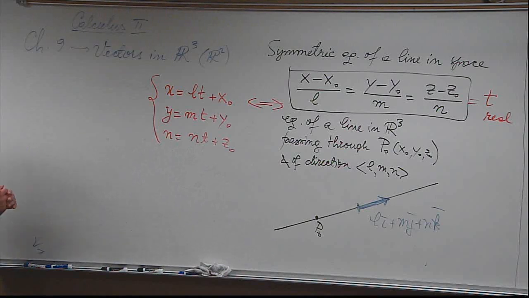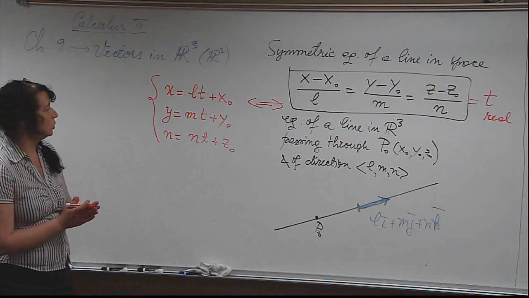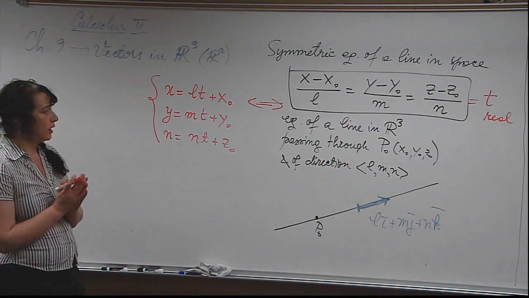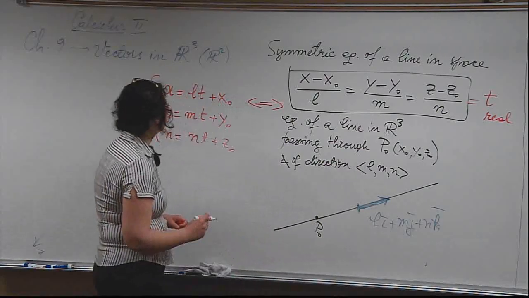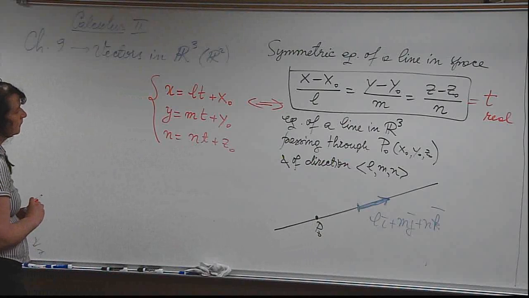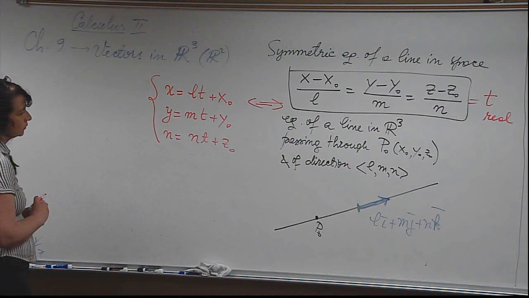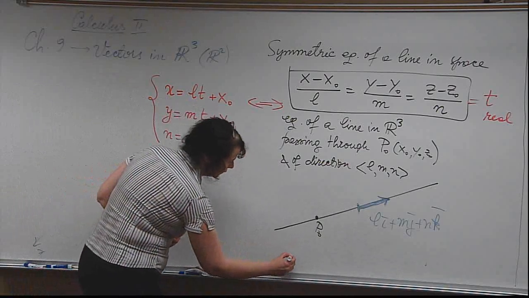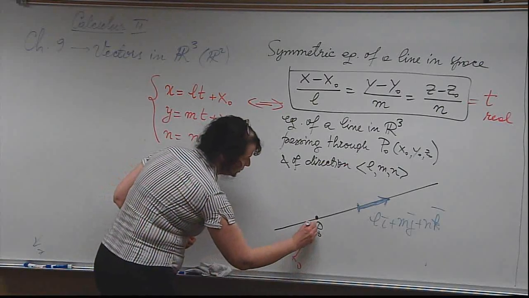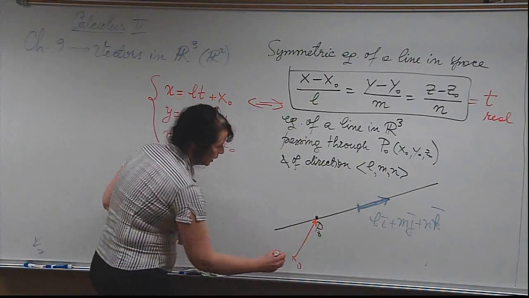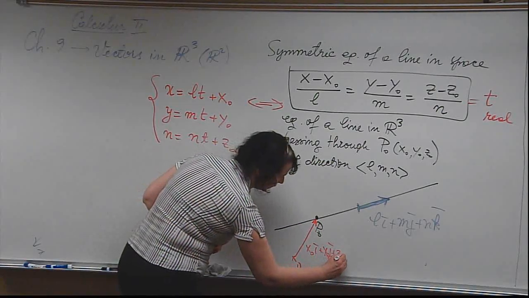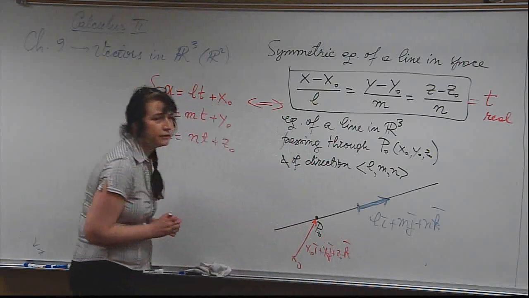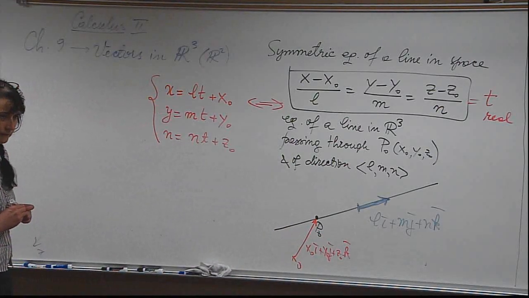The position vector of a point on the line. Practically you have the origin here, and OP0 represents the vector x0i plus y0j plus z0k. So now you have a little bit of a different understanding of what's going on.